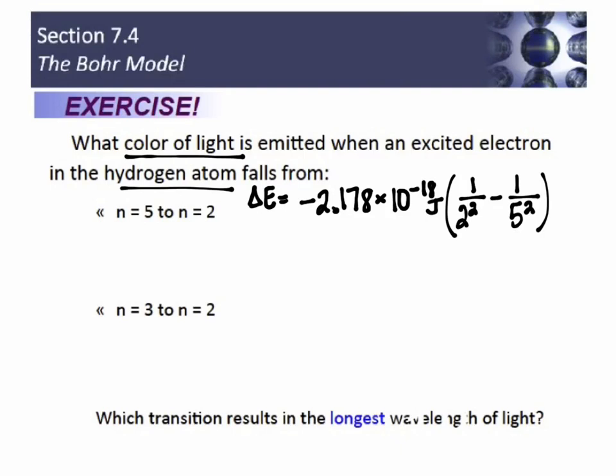When we go from 5 to 2, what happens to our energy? Are we gaining or losing? We're losing energy, so our answer better be negative. Plug that in and tell me what you get.